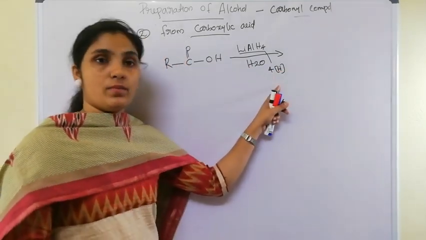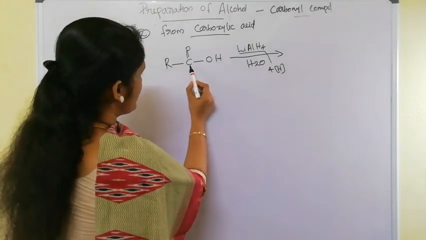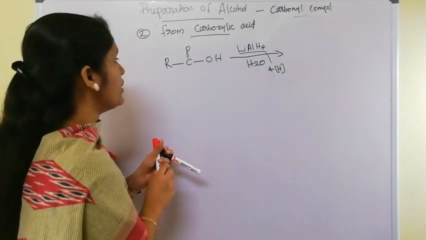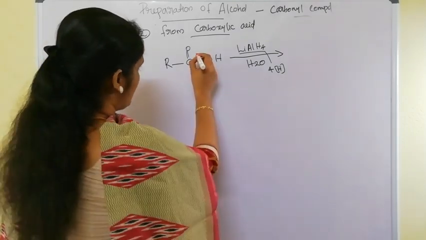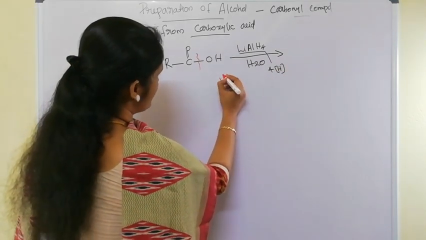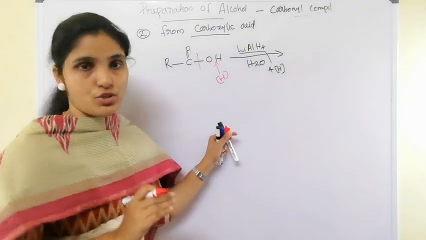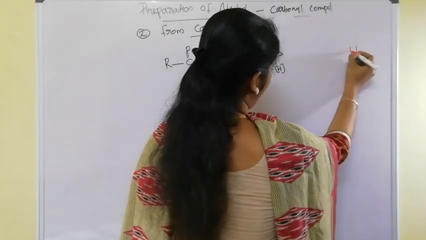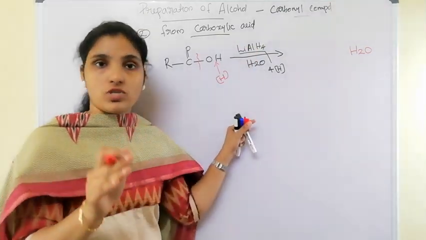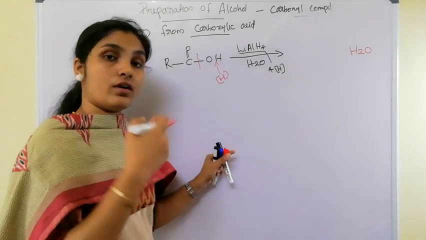So here what happens is that the bond between carbon and oxygen breaks down, and one of the hydrogen atoms goes with OH and is eliminated as H2O. That can be written first. One of the hydrogen atoms from this LiAlH4, which has 4H in total, combines with this OH and is eliminated as H2O.